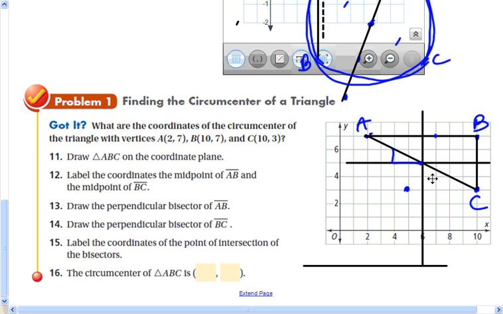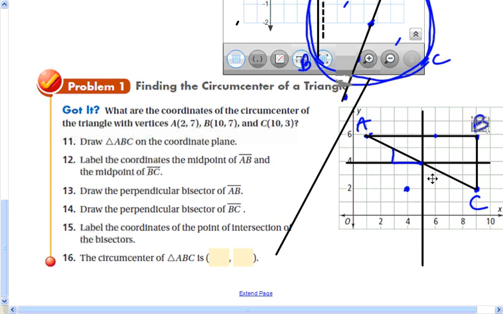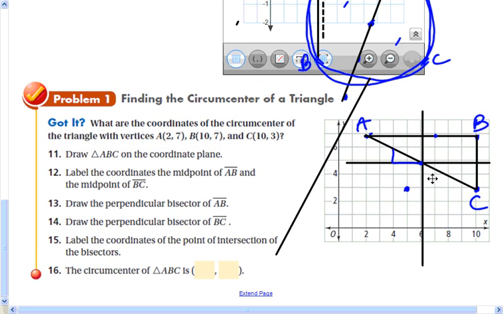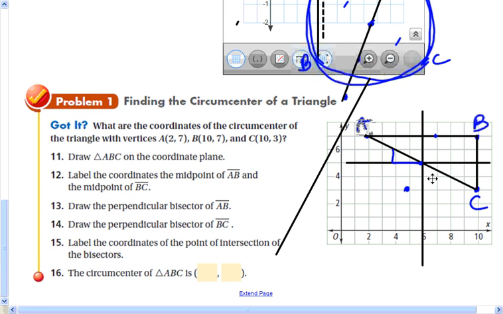And so that perpendicular bisector is right there. And there's the point of concurrence. All right, so fill in our answers here.